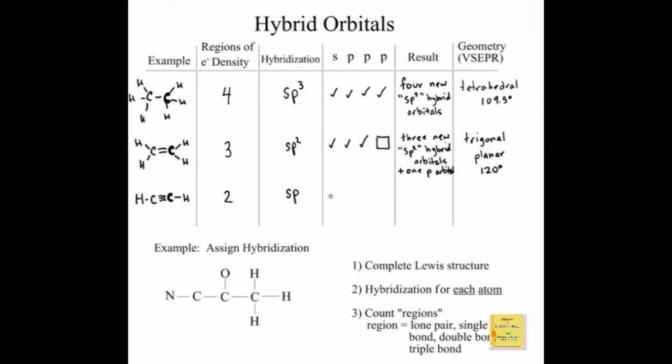And it's called that because what we need to mix is the s orbital along with just 1 p orbital, which leaves the other 2 p orbitals unhybridized. And as a result, when we've mixed 2 atomic orbitals, we get 2 new hybrid orbitals. So we're going to have 2 sp hybrid orbitals.